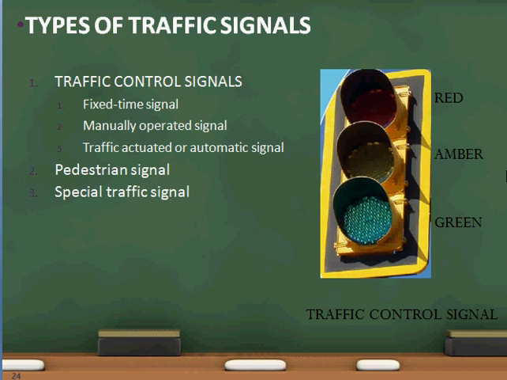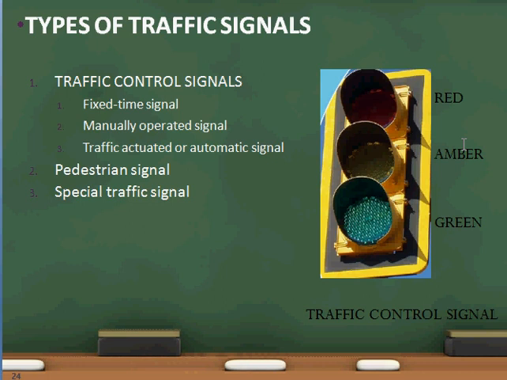In the case of traffic control signals, we mainly use the indications red, amber and green. We already know red is for stopping the vehicle, and green means go. Amber is actually provided as a clearance time. Sometimes we use that along with red also, but in India we mainly use it along with green. Green amber is provided.